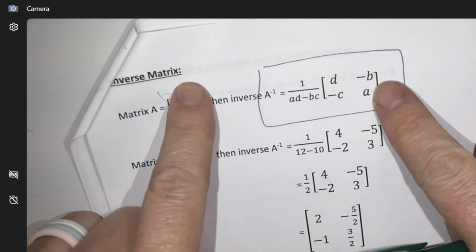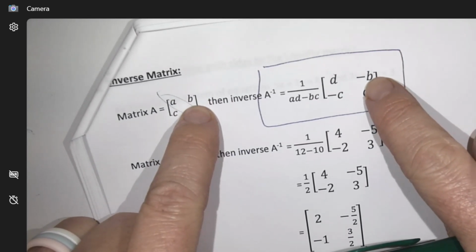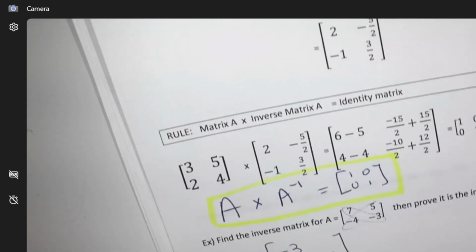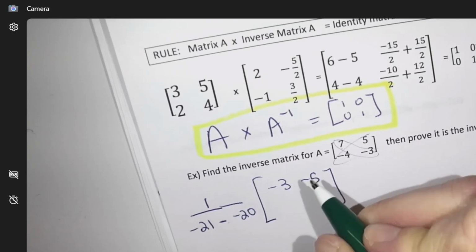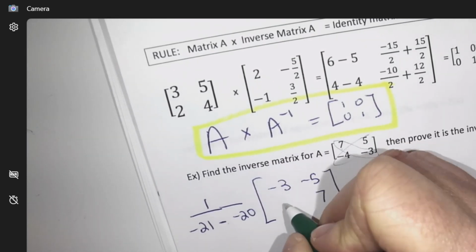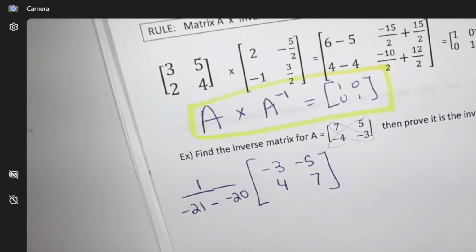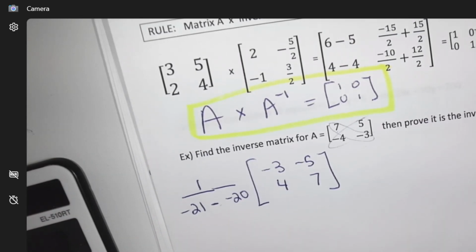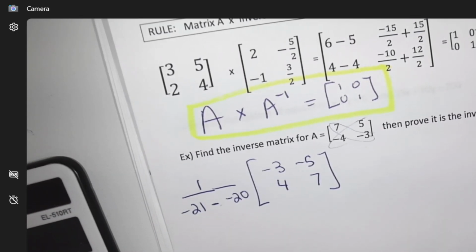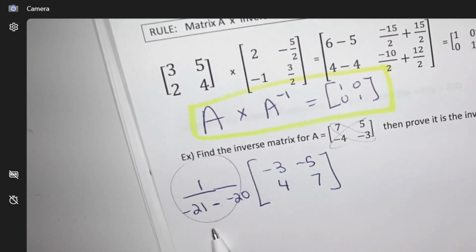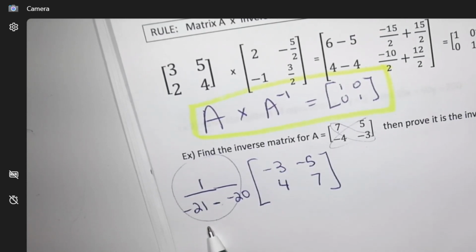And then B gets negated and C gets negated. So the 5 is now negative 5 and the negative 4 is now positive 4. What's this value in the front here when you finish this fraction?